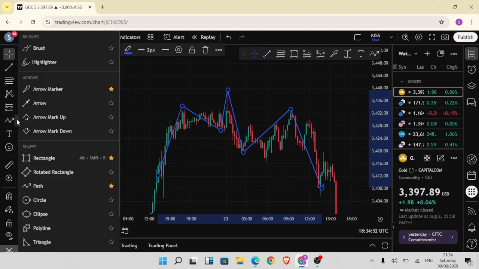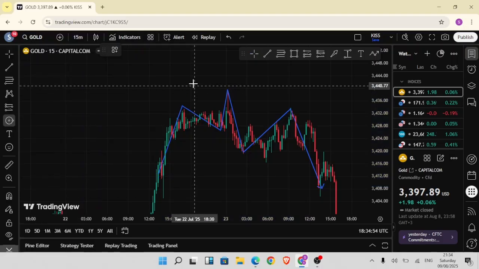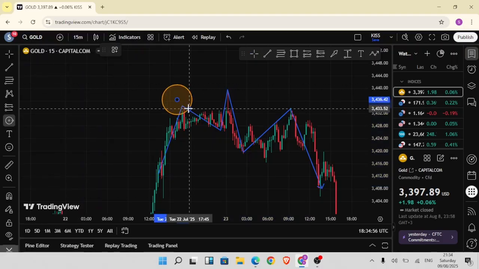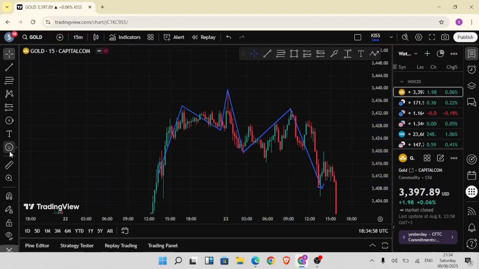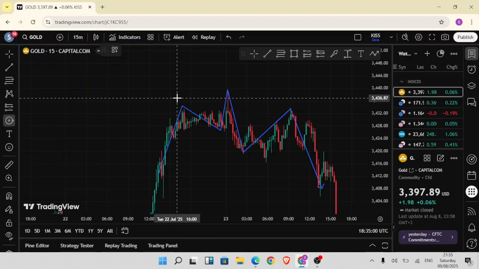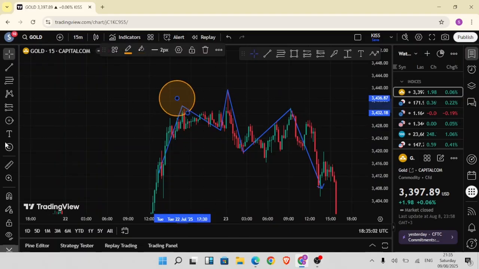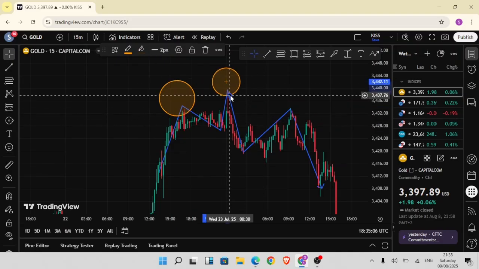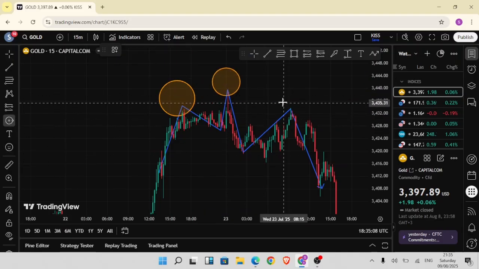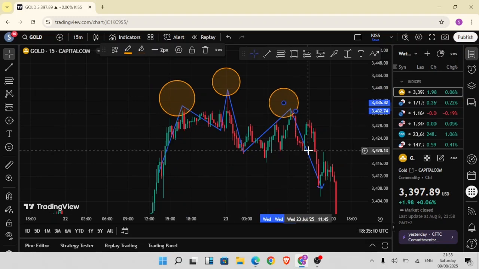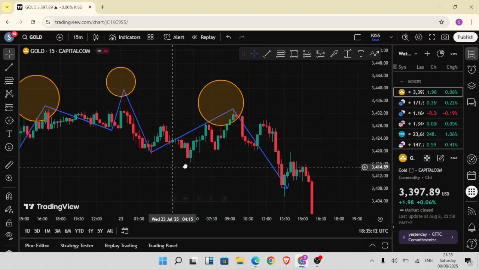So this is what is happening. This is our shoulder, and then a head, and then another shoulder, right?